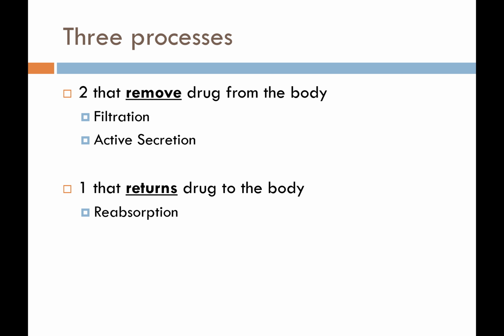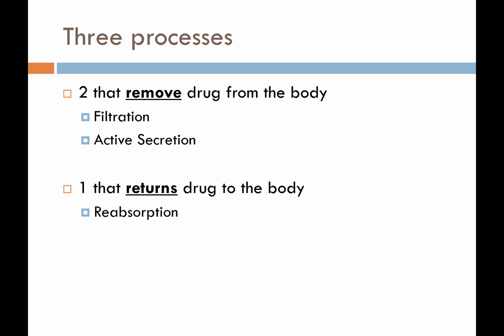So there are 3 different processes that your kidney uses with drugs. The first to actually remove drug from the body is filtration. That's when it goes through your glomerulus and just gets filtered out. Active secretion, and I'll go into these a little more on a couple other slides, has enzymes that will actively pull drug out of the blood into your proximal tubule, and that's how it removes the drug.